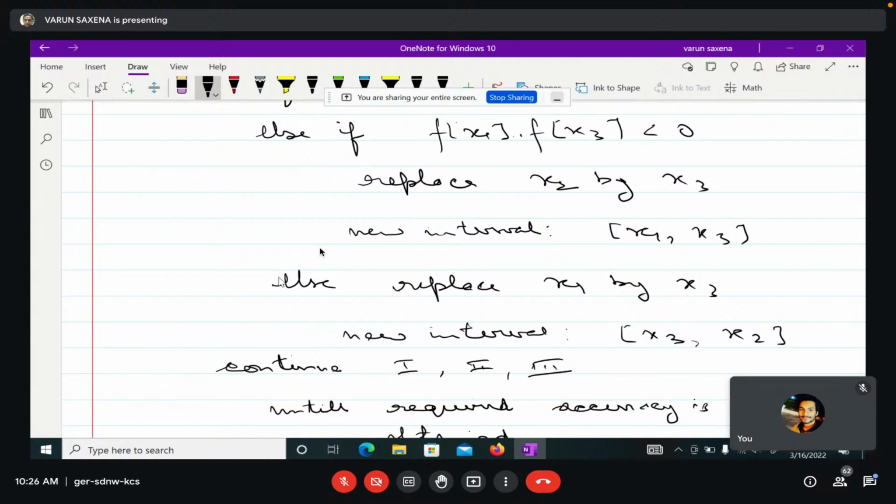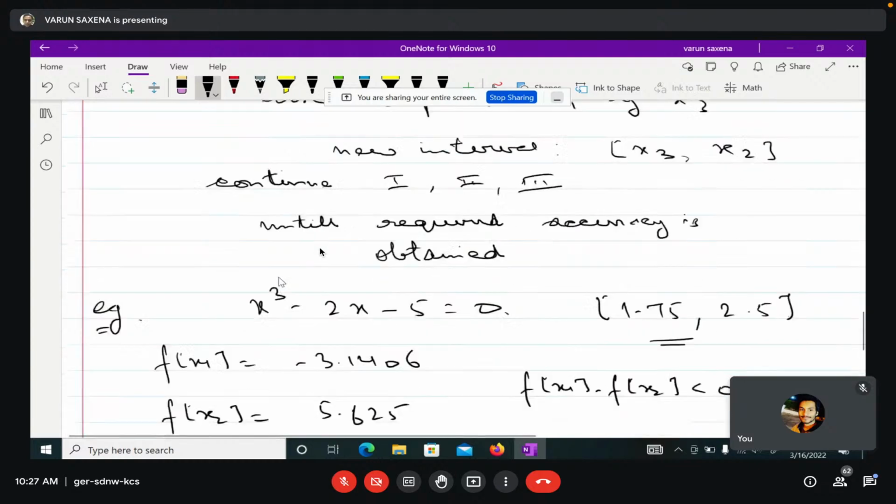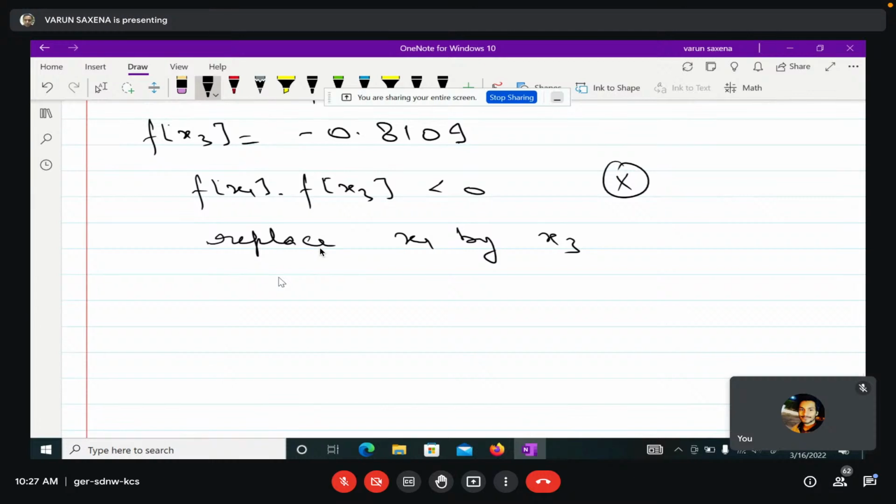In that case, you come here and you replace x1 by x3. So the new interval becomes x3 and x2. So now your new interval becomes 2.0187 and 2.5. So now this is your x1 and this is your x2. Okay. So first iteration is over.